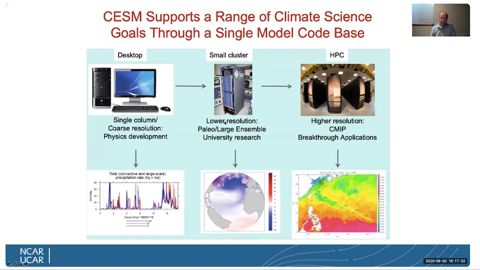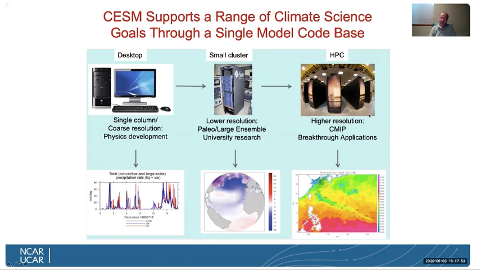It can be used at lower resolutions. We have versions anywhere from order 4 degrees, I believe, to 2 degrees in the atmosphere, and order 1 degree. We tend to use 1 degree regardless in the ocean model, but they can be used for much longer simulations, for paleo timescale simulations.